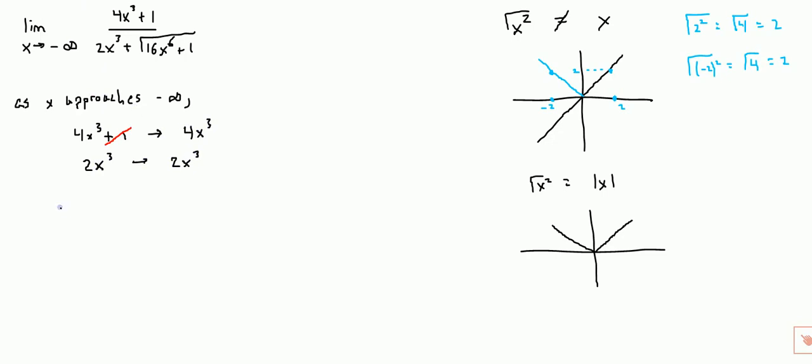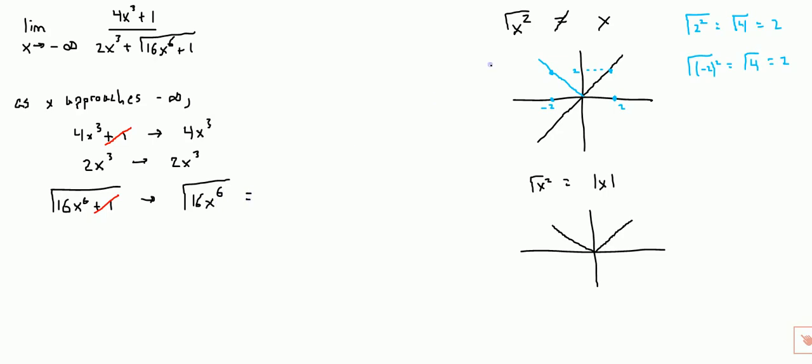And then this one is tricky. 16x to the 6 plus 1. Well, first, the plus 1 isn't going to matter. We can figure that out, right? If we have x to the 6 versus 1, x to the 6 is going to win out in that fight. So this approaches the square root of 16x to the 6. Okay, but what is that?